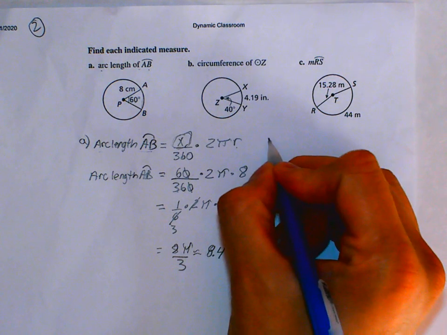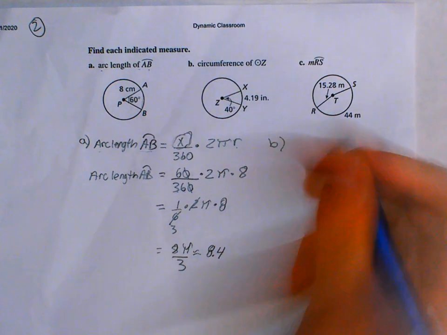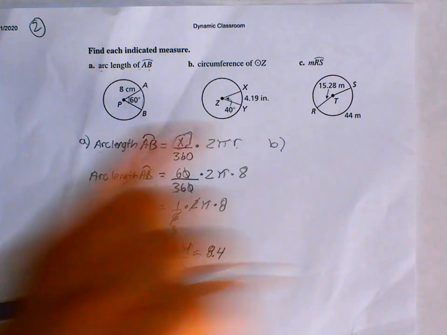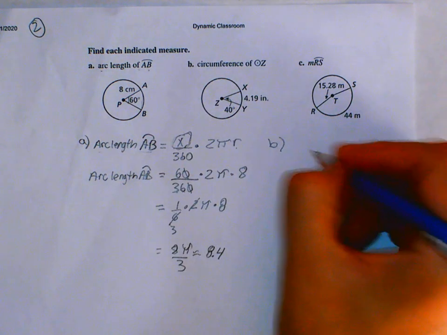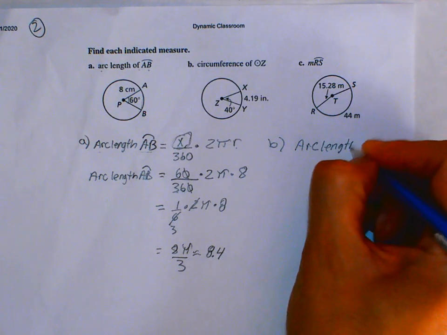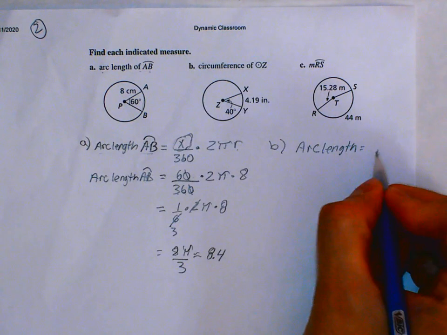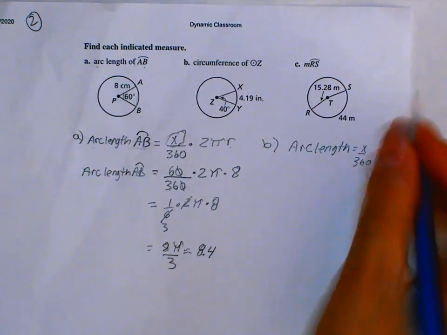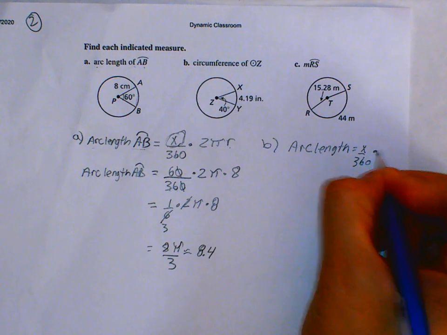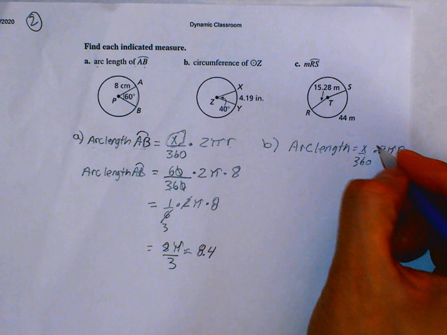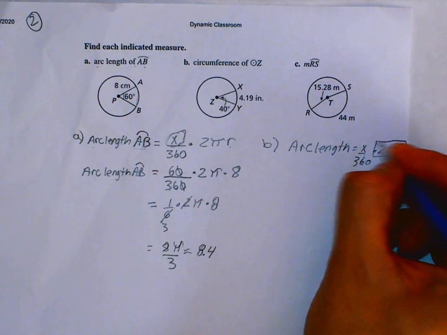Now, for B, they're actually asking me for the circumference. So we're going to manipulate this equation a little bit, because if you have the arc length, and that's equal to x over 360 multiplied by 2 pi r, think about it like this. 2 pi r is your circumference.